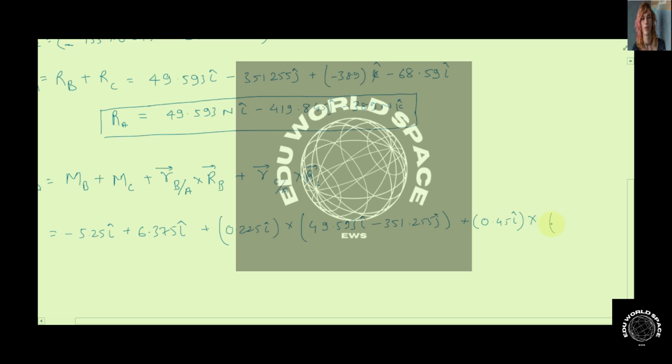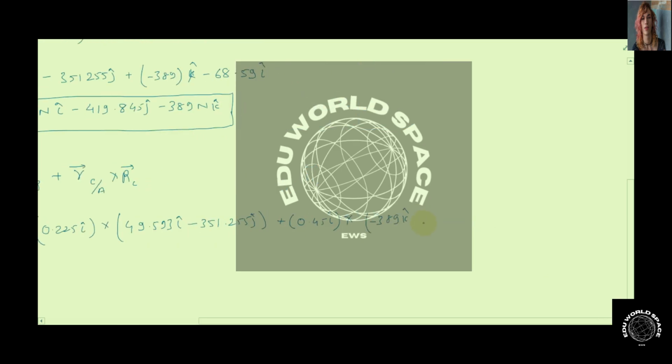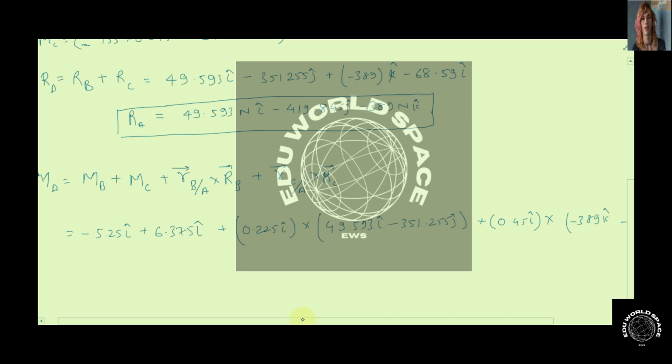So 0.225 I cap multiplied by the force vector, that is 49.593 I cap minus 351.255 J cap, plus position vector of C with respect to A will be 0.45 I cap cross multiplied with the force vector, that is minus 389 K cap minus 68.59 J cap. So we can solve this.